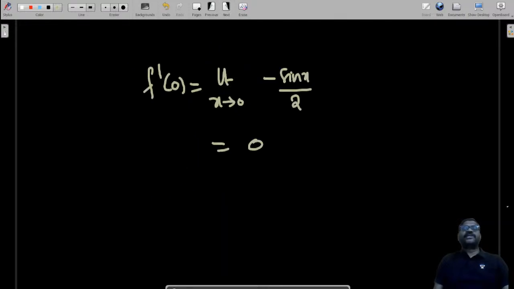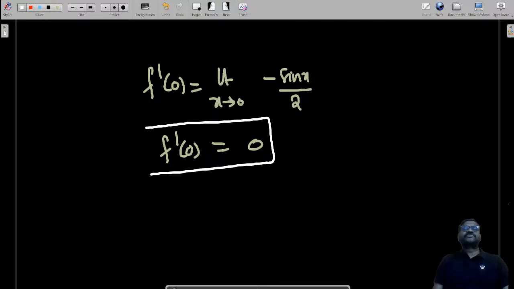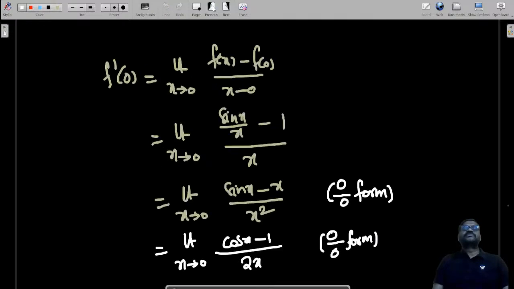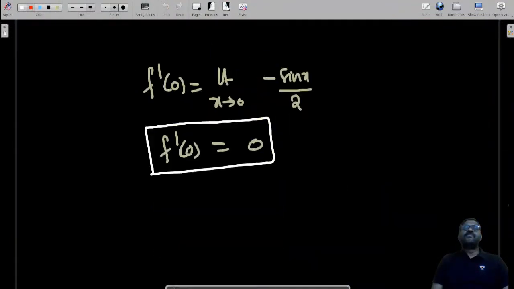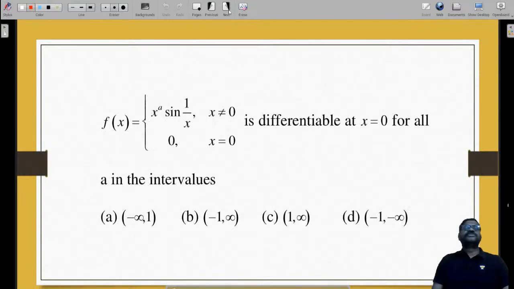Finally, f dash 0 is 0. The function is differentiable at x equal to 0 and f dash 0 is 0. Understood? Yeah, next problem.